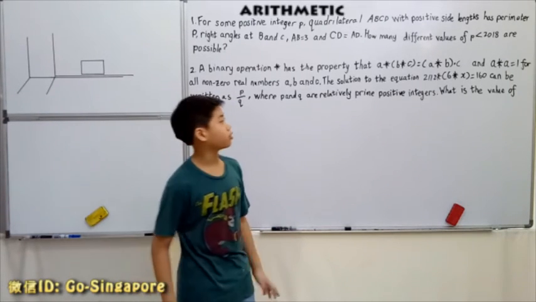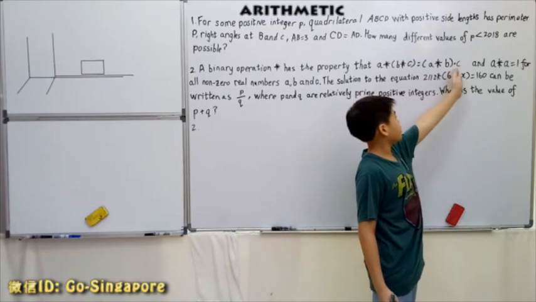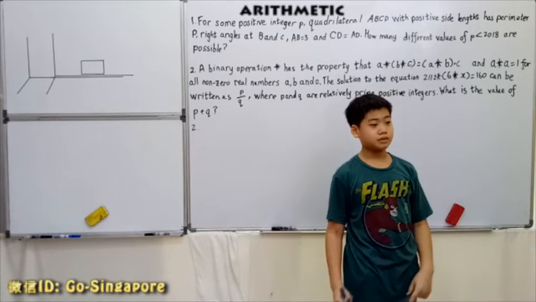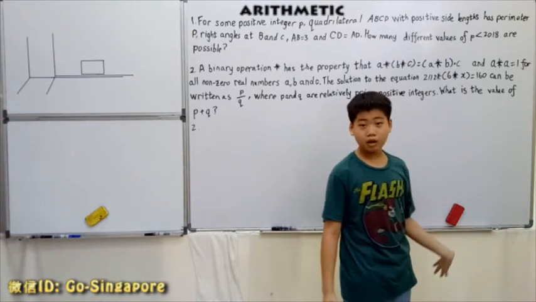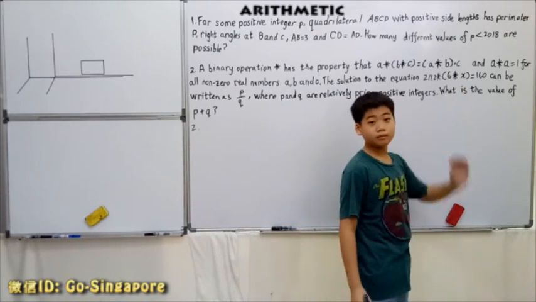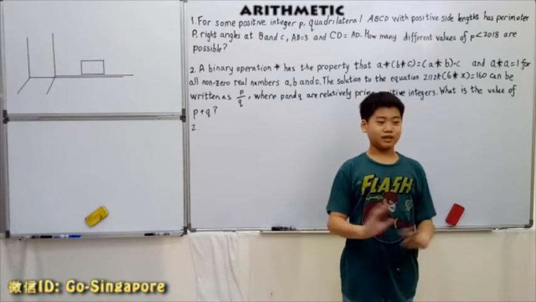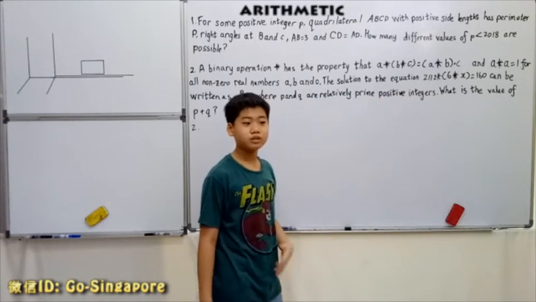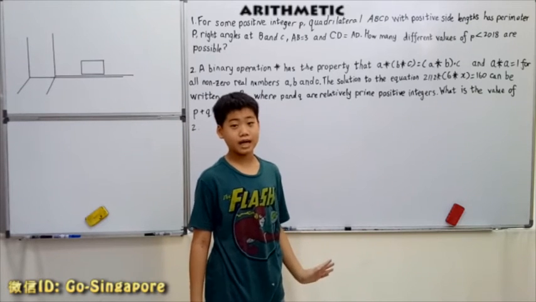Well, in case you're wondering why I read this as a times, because we have different types of times. We can write times as an x, but in this case, we might confuse it with this x. So we don't want that to be confused. And so we write it as a dot. So that is another way to write times.